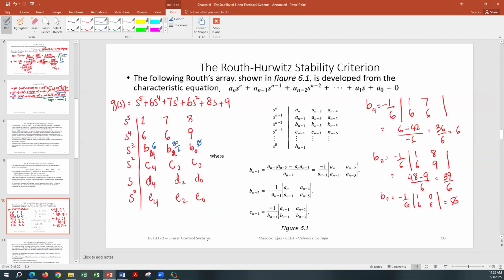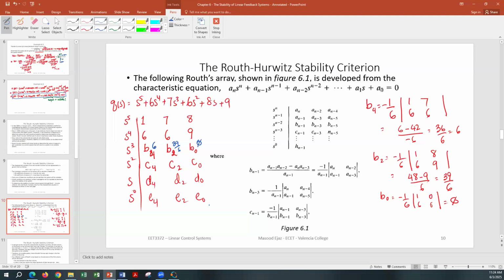And then D2 is going to be negative 1 over C4, determinant of B4 and C4, and then B naught and C naught, that will be 0, so D2 will be 0. And then again, you can only have E4 over here, and the rest will be 0. So this is how you calculate the matrix, right? This is just the method I'm telling you for how to calculate it. We're going to see what the use of doing this is. So that's how you calculate each value, starting from the third line all the way up to the sixth line. The first two come from your characteristic equation.